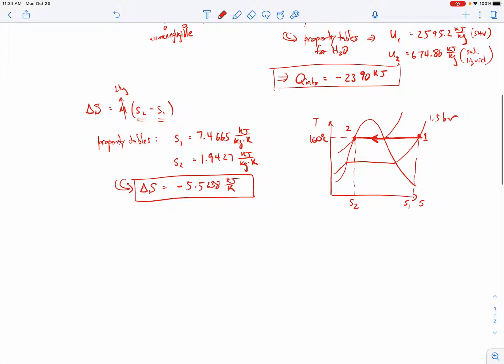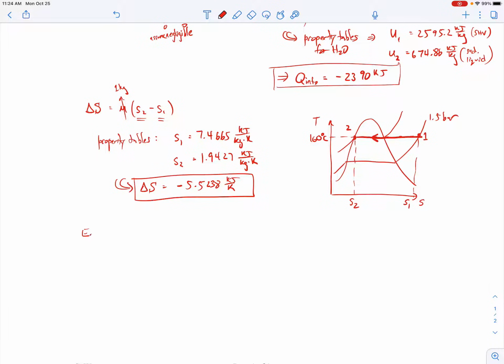Another thing we weren't asked to find, but I'm going to do it anyway, is to look at the entropy generation. So for that, I'm going to use the entropy equation. So we weren't asked to do this, but let's go ahead and do it. And we're going to do this to find what the entropy generation is in this process.